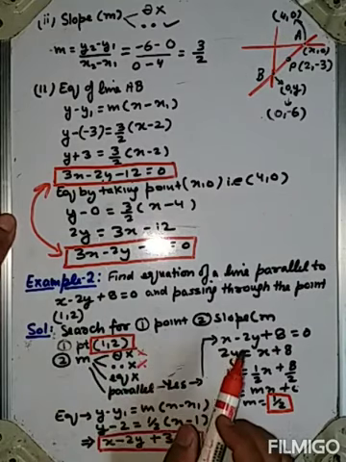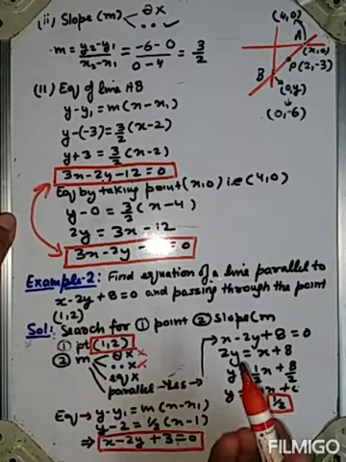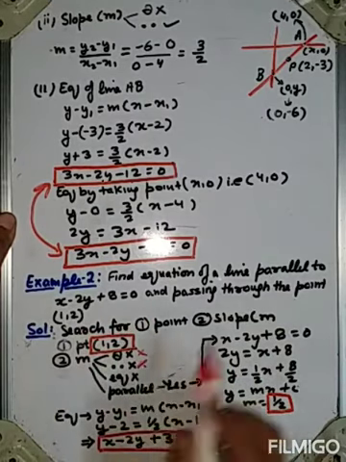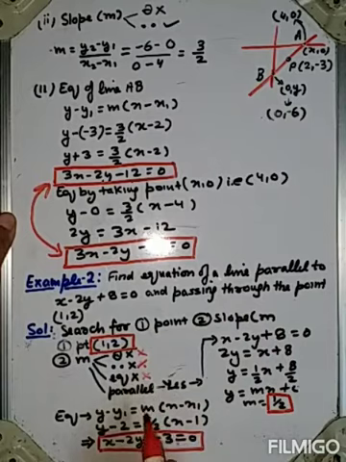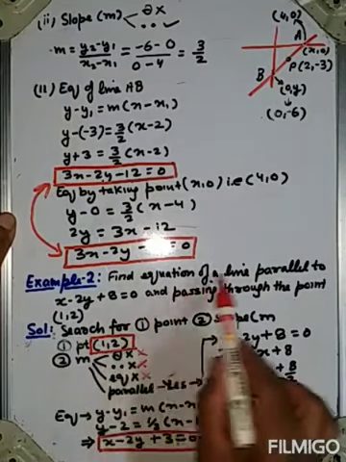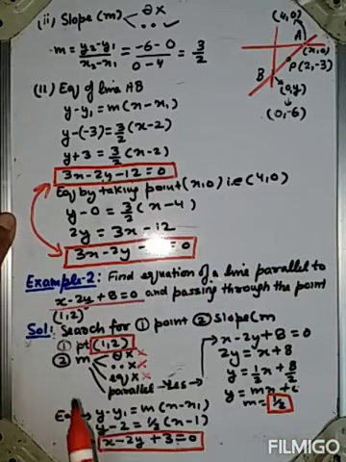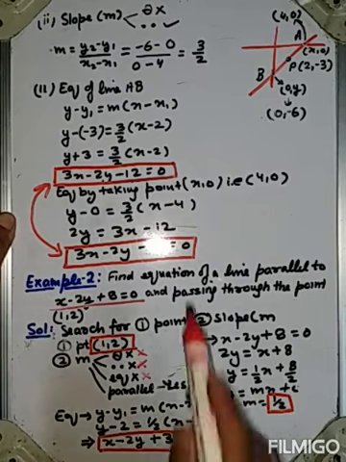Equation of line is given, yes, but of another line which is parallel. So we cannot apply this formula. We have to find the equation of line which is parallel to this line.